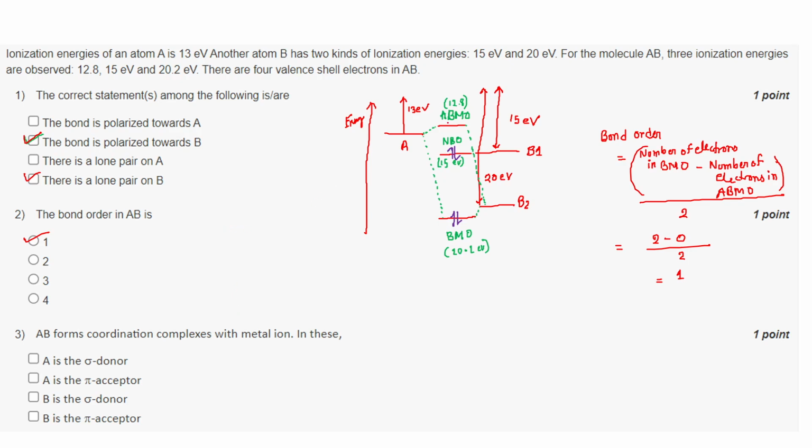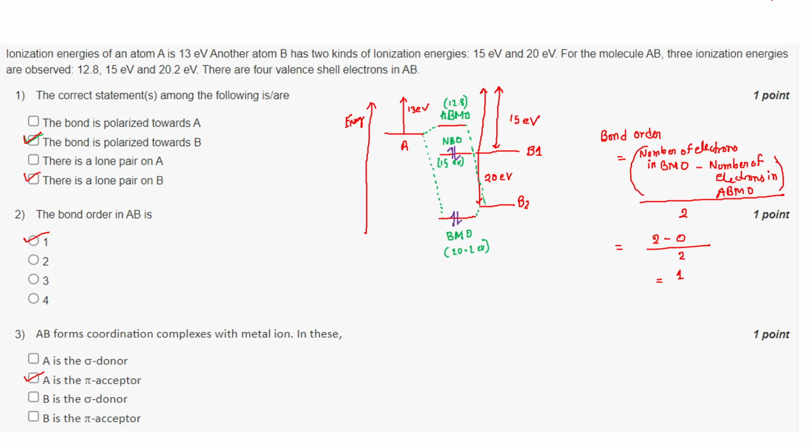So the tendency would be to get some electron from the metal. So actually your A will be acting as a pi acceptor, and as B is filled, the BMO is filled. What does it mean?